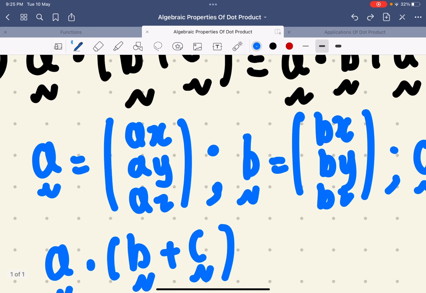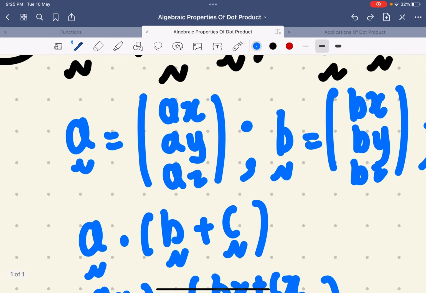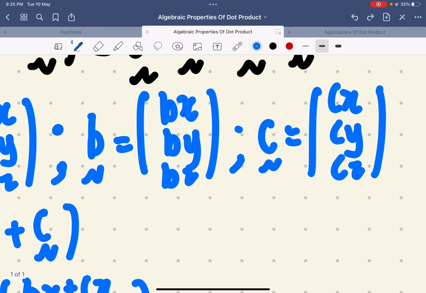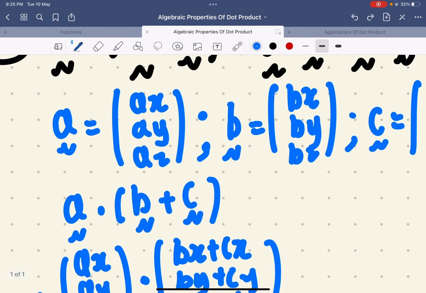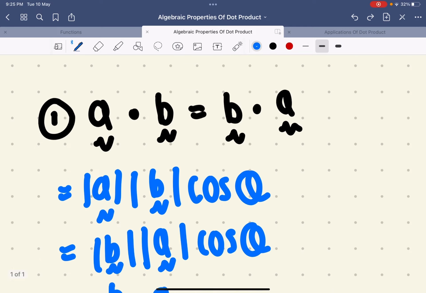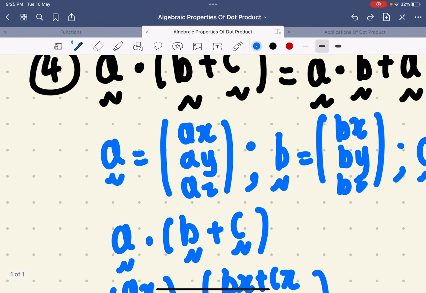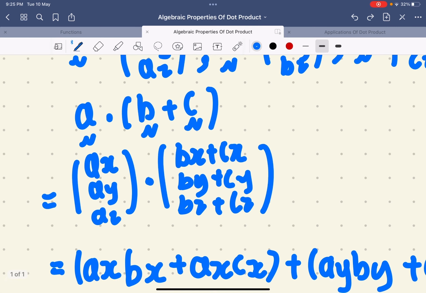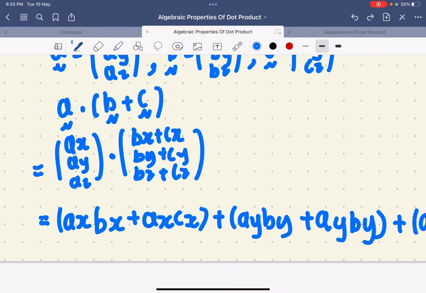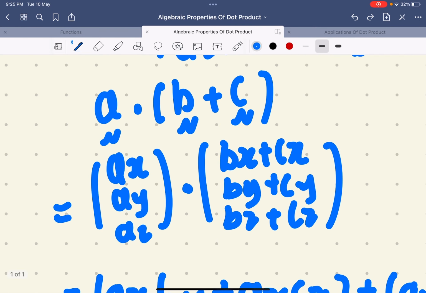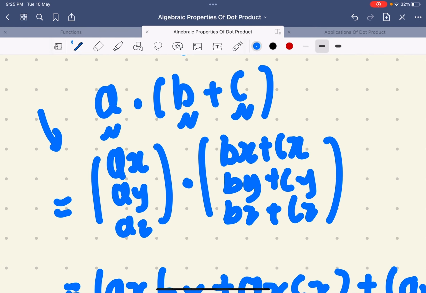I'll first let A be ax, ay, az, and the same for B and C, with components x, y, z. Then A dot (B plus C). Let me tell you, this formula is so powerful. Wait, you actually don't apply a formula here, you just do it normally.